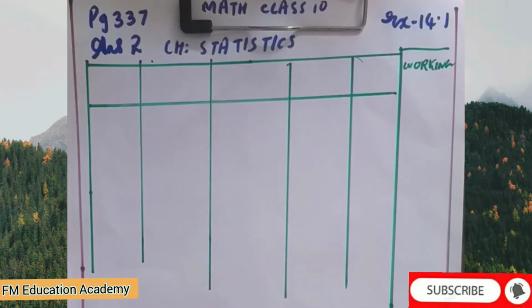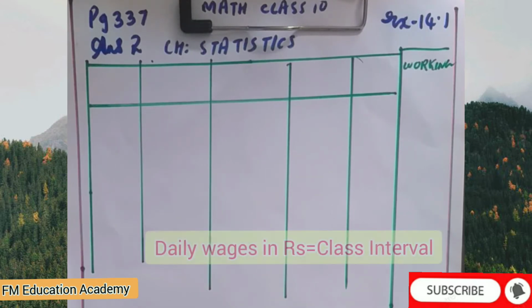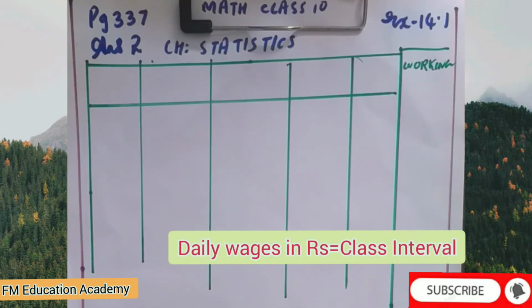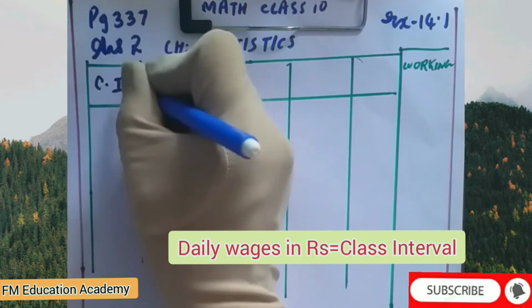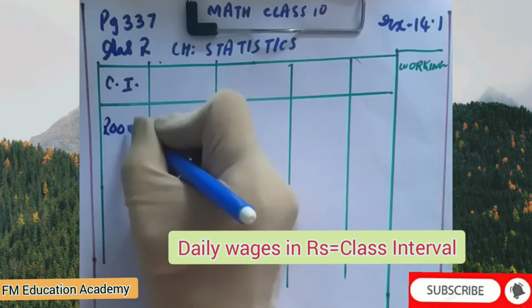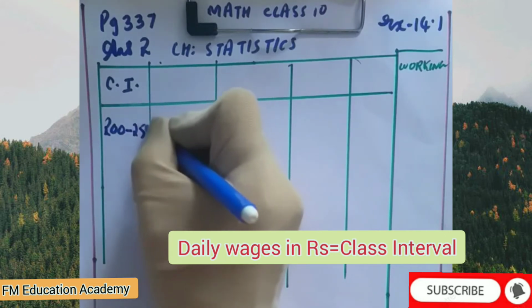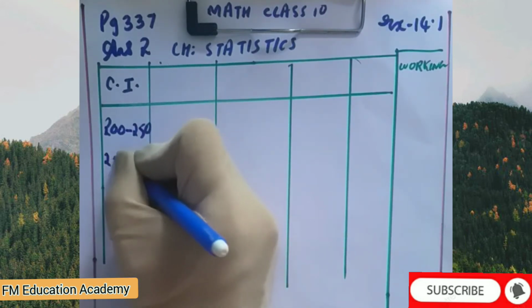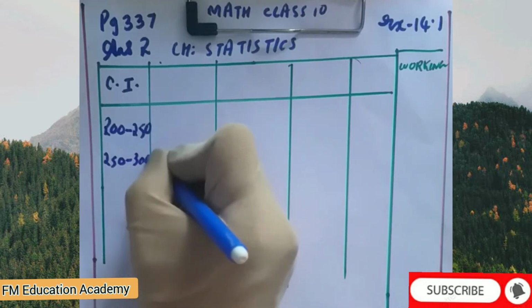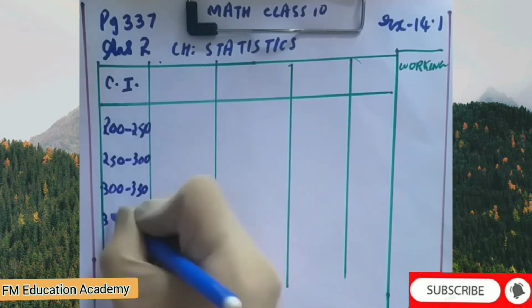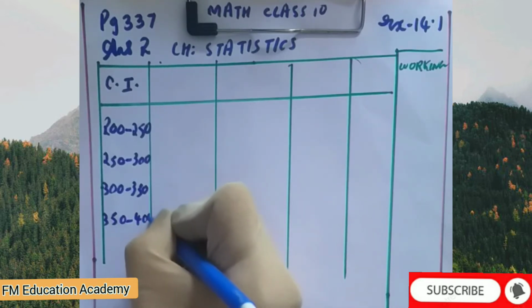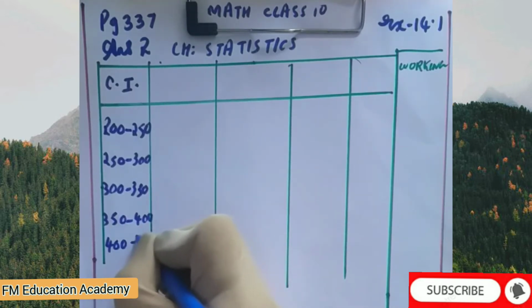So let us write what is given in the question. Daily wages in rupees are given as class interval here. So my class interval, which is indicated by Ci, is given as 200 to 250. Then I have 250 to 300, 300 to 350, 350 to 400 and 400 to 450.